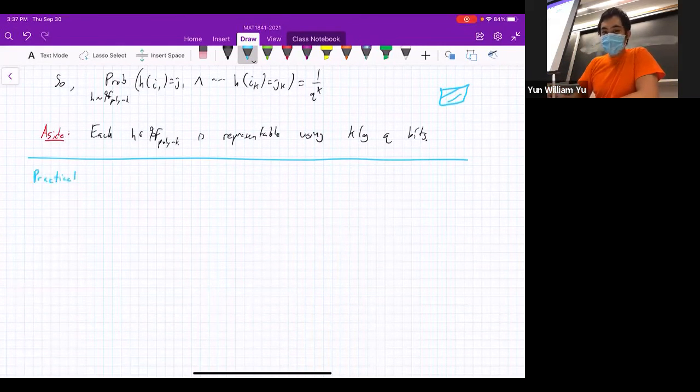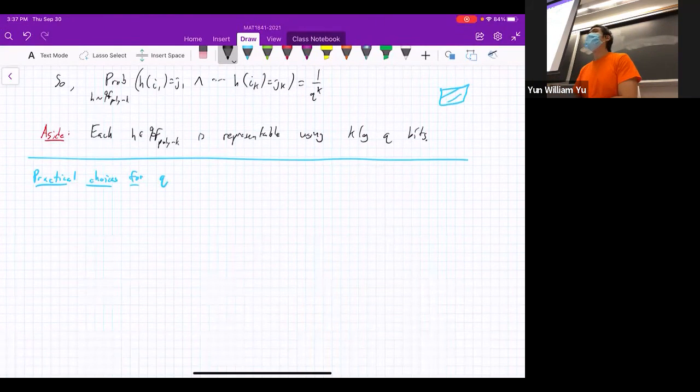So let's talk about some practical choices for Q. And there are a number of them. People have tried using a number of different types of finite fields. Whenever you're storing an integer on the computer, you store it as a binary number of, say, size 32 or 64.